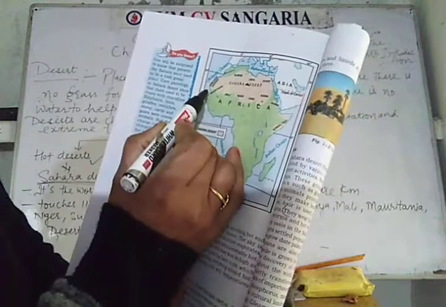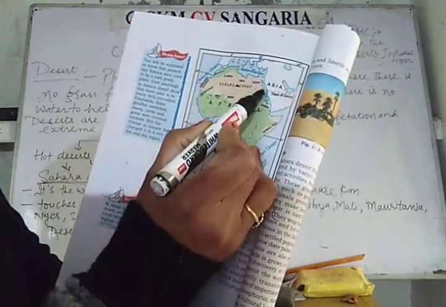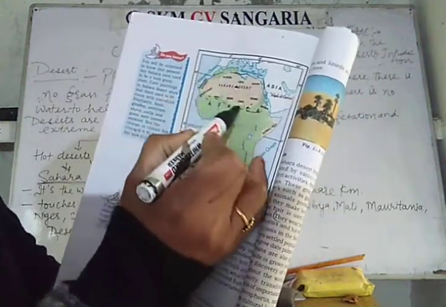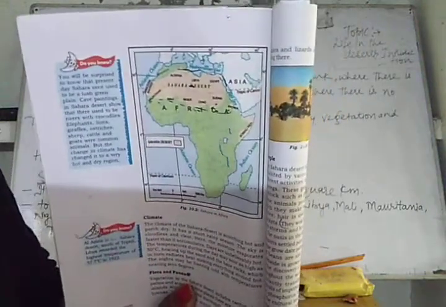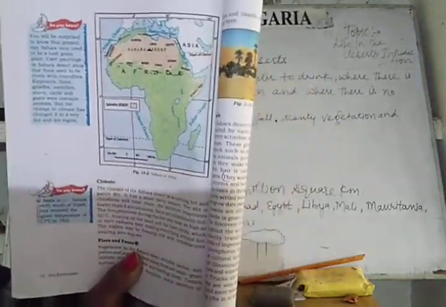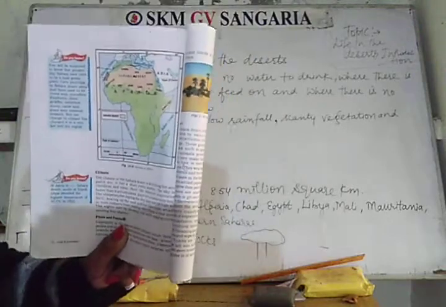So this portion is Sahara Desert. This is called Sahara Desert.